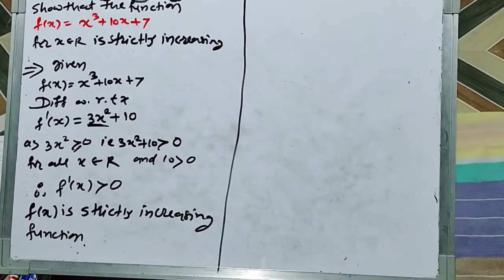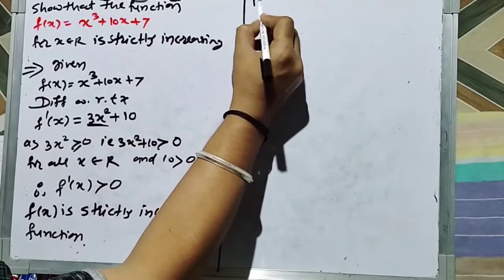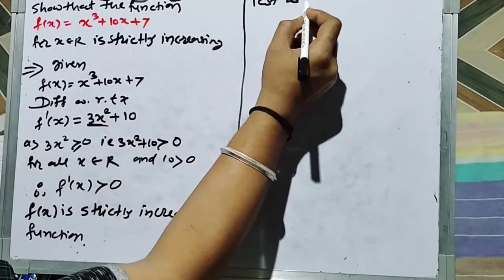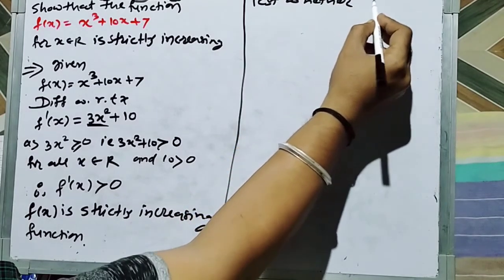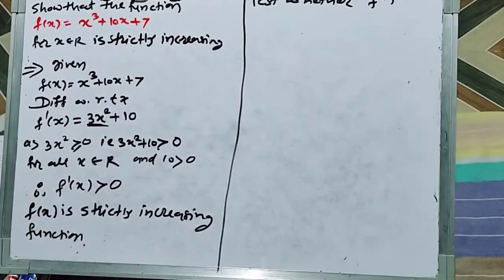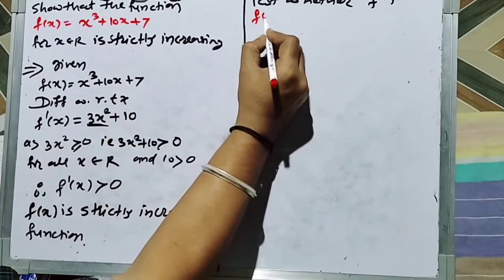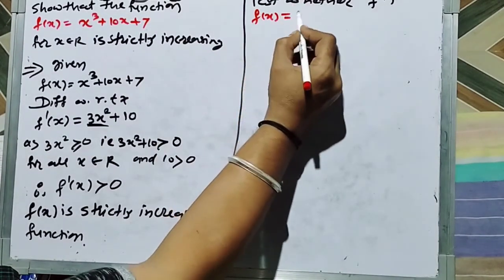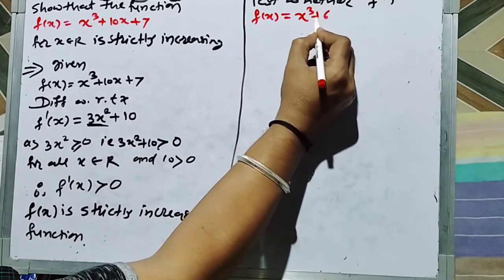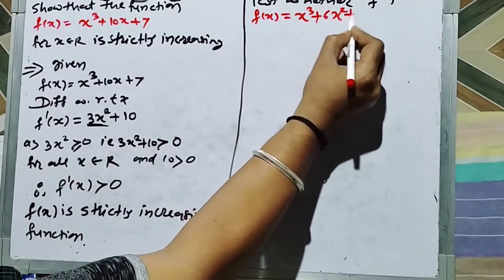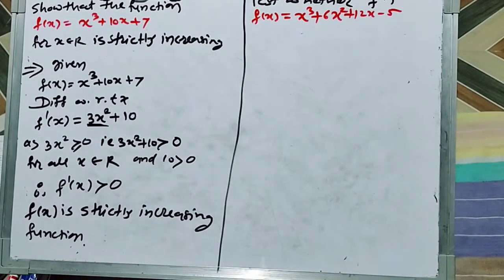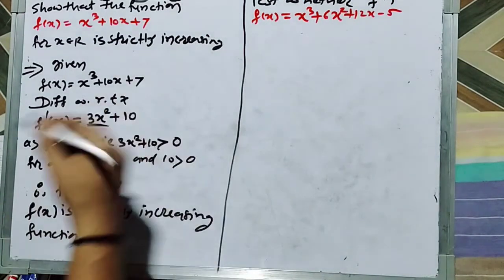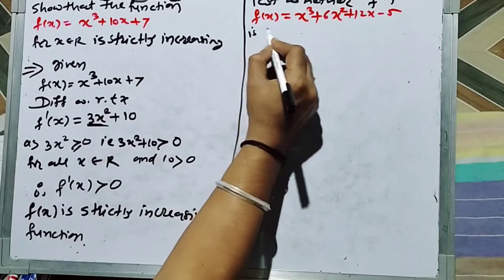Now similarly consider the second example. Test whether the function f(x) = x cube plus 6x square plus 12x minus 5 is increasing or decreasing.